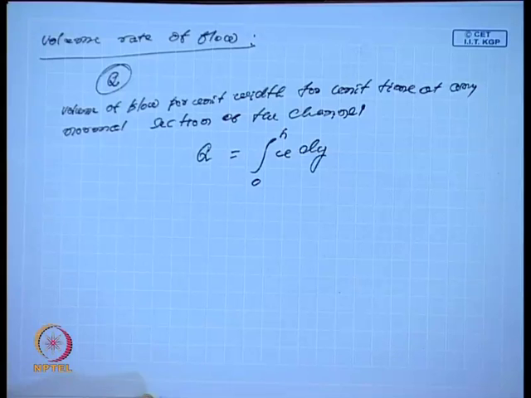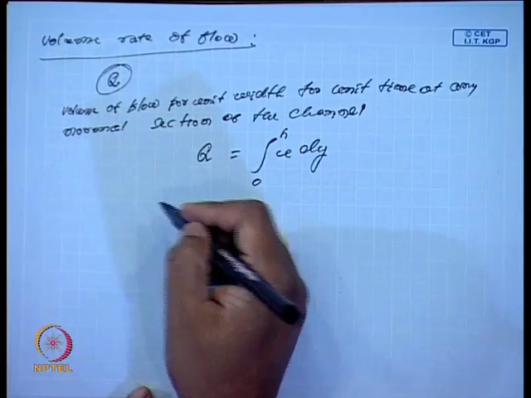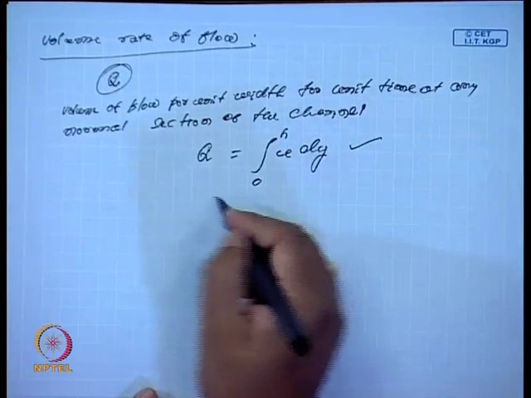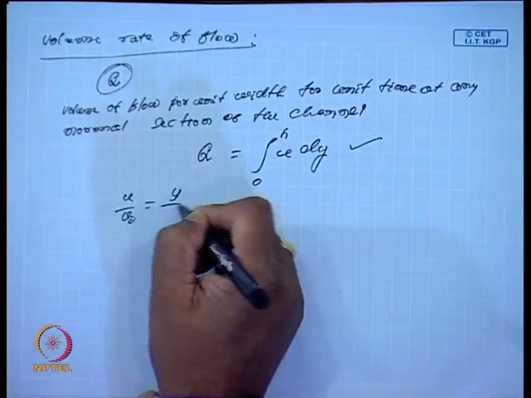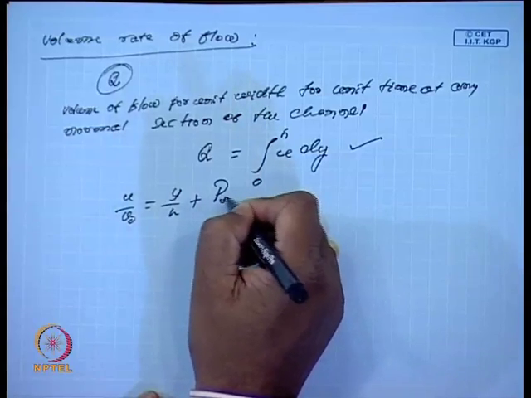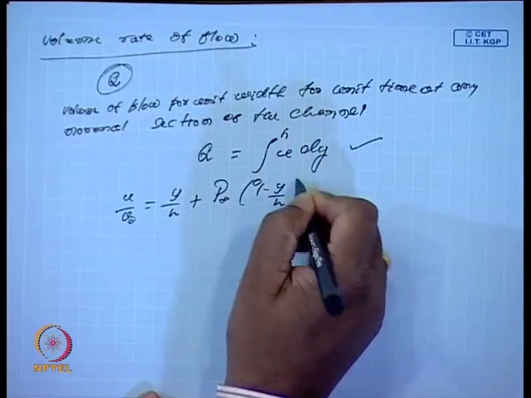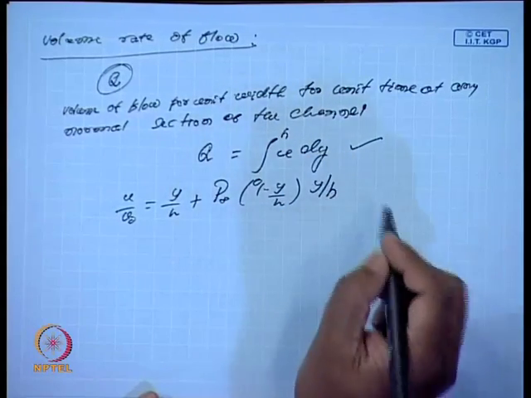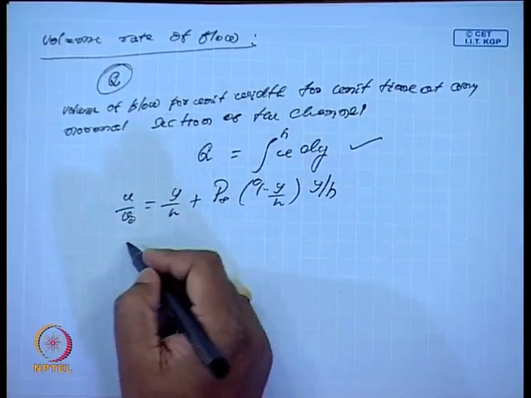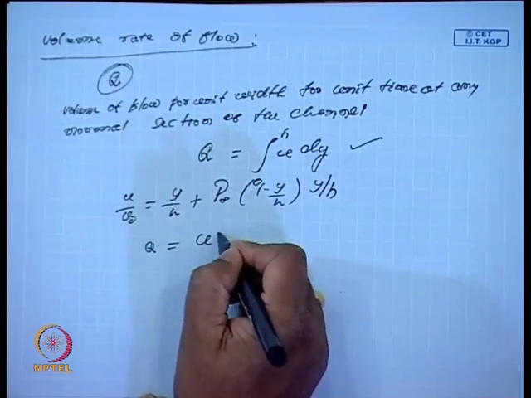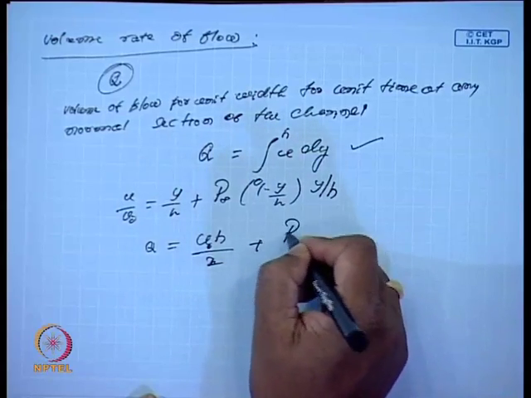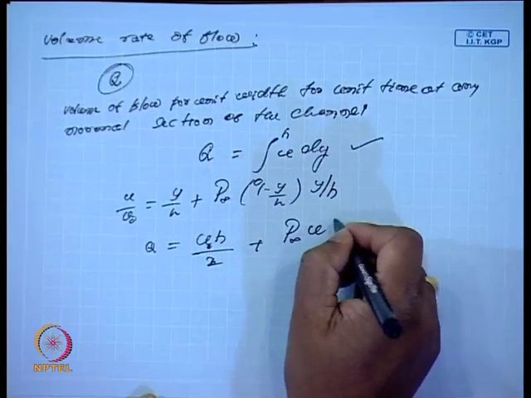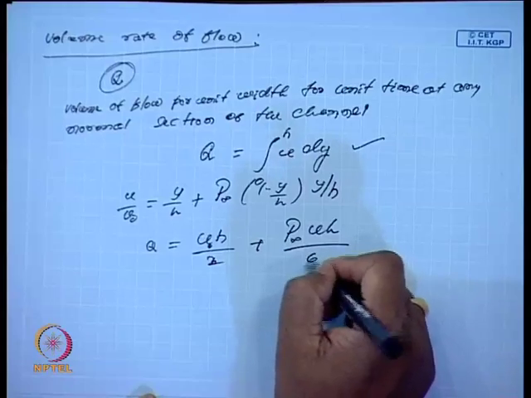If you substitute for u the general flow distribution in this expression, that means I know that u by u naught is equal to y by h plus p infinity into 1 minus y by h into y by h, and if I substitute for this here, then I will get Q equal to u naught h by 2 plus p infinity u naught h by 6.